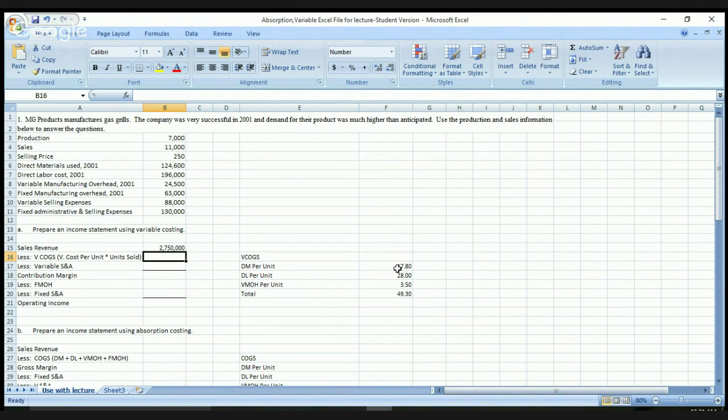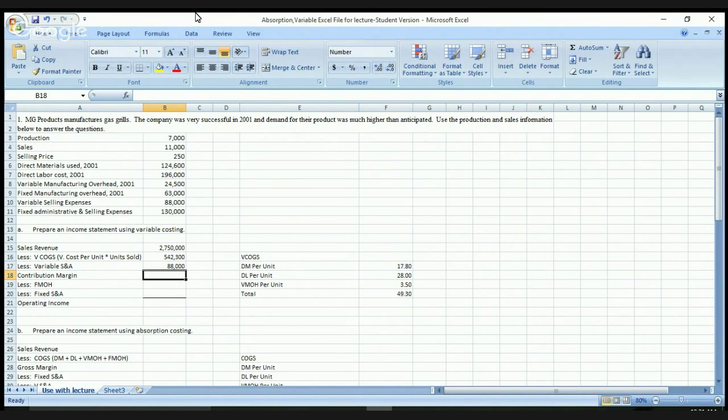Over here, we had decided that the total cost of goods sold for an item is $49.30. I'm going to take the 11,000 units and multiply it by the $49.30. So I get variable cost of goods sold of $542,300. Now the variable selling expenses, I just take the amount that they gave us of $88,000, and I get the 88,000.